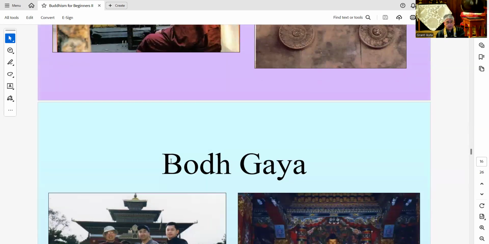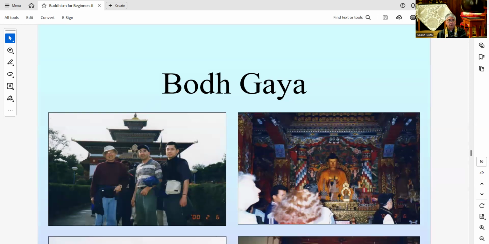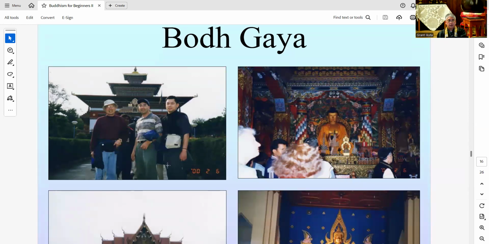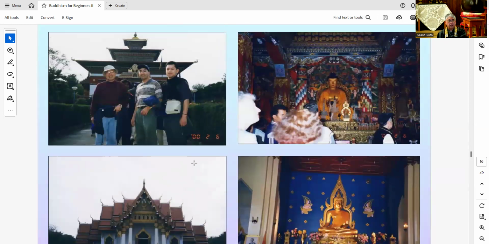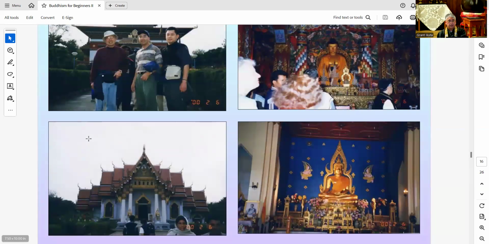But why I call it the Epcot Center is that around this main temple, Buddhists from around the world, from different denominations, have come and built temples according to their own school or lineage. So you'll find Tibetan temples, Thai-looking temples, and the architecture is quite different, as you can see.